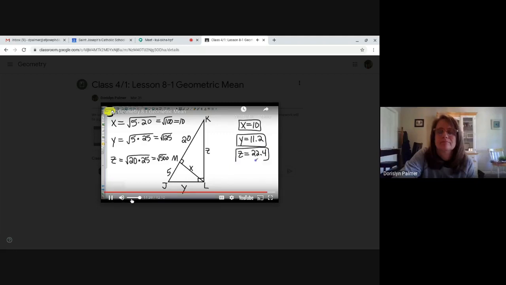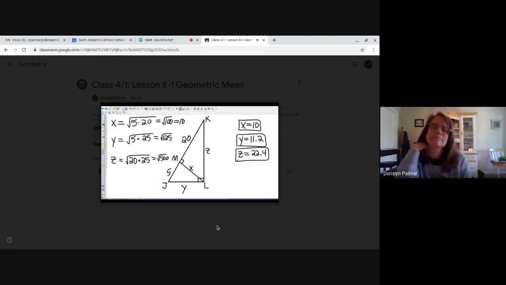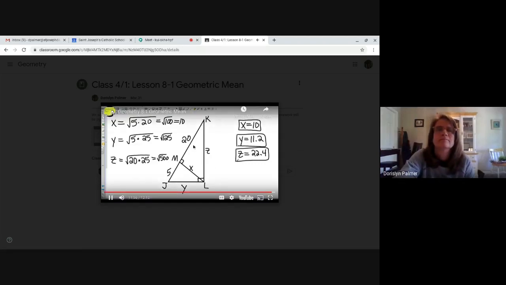Now, very important to look at this right triangle and make sure those values make sense. Obviously, z could not be greater than 25 because 25 is the hypotenuse. So 22.4 makes pretty good sense. Okay, so x equals 10, y equals 11.2, and z equals 22.4. That is example number 3.